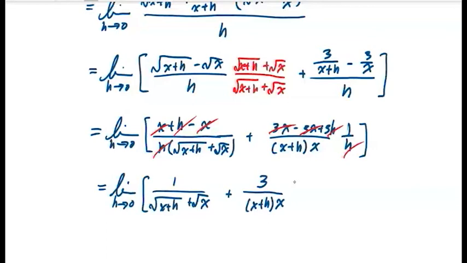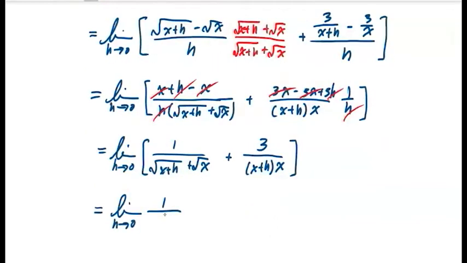You with me? Now h dies, so we drop the limit symbol. Oh, I just said I dropped the limit symbol and I wrote limit. This thing is square root of x plus square root of x. And then for the second thing, something went wrong.